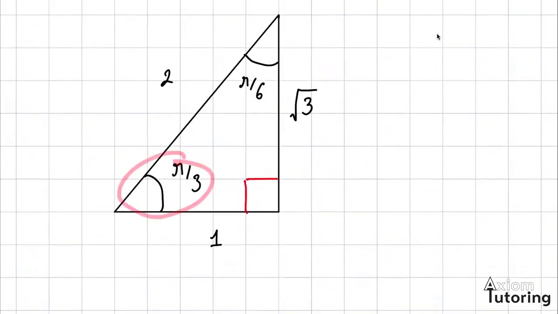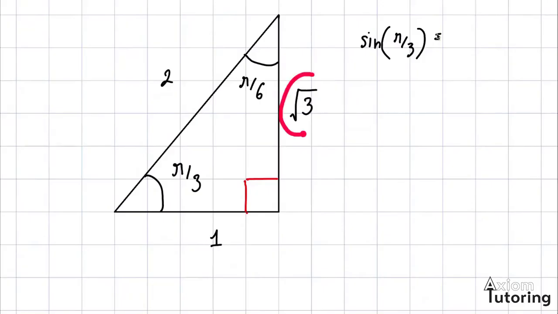So we want sine of pi over 3. With pi over 3 as our theta, we know that sine is equal to opposite over hypotenuse. The opposite side is root 3. So we'll write root 3 over hypotenuse. Our hypotenuse is 2. So it's root 3 over 2.